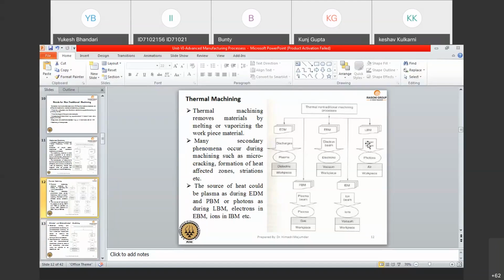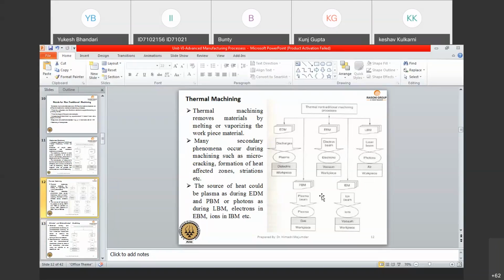In LBM, a laser beam is used, meaning photons are mainly applied for material removal. The criterion is that in EBM it should be vacuum, but in LBM air should be there.